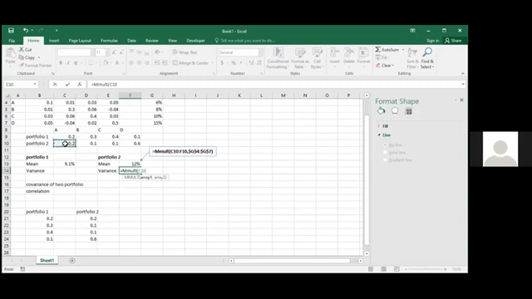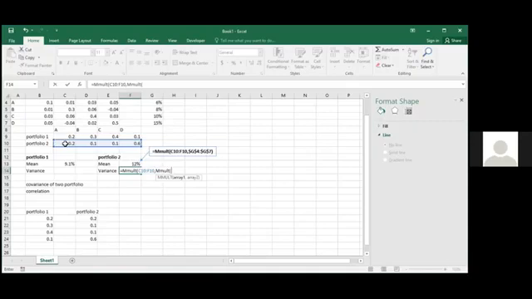proportions, C10 to F10, multiplied by, again, MMULT. First you can enter the equation, then later you can see what the meaning of that is.